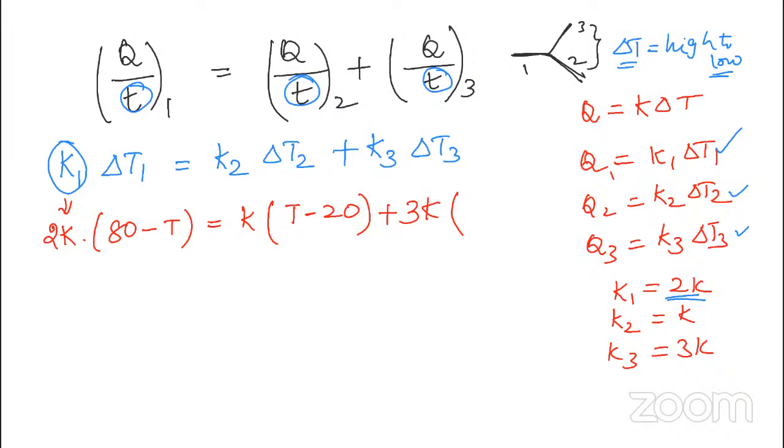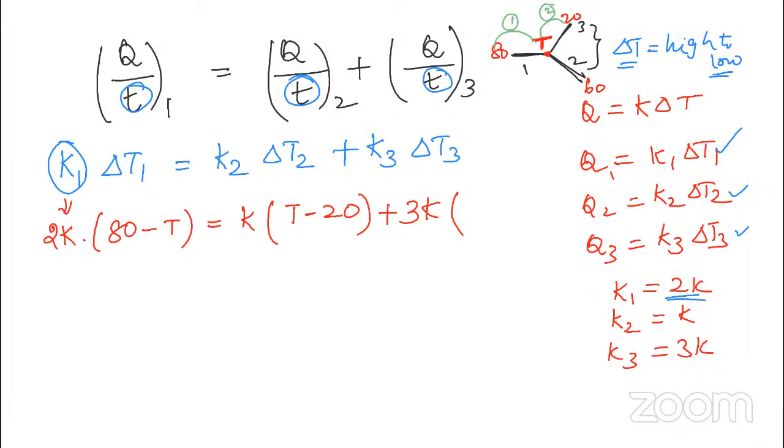Here it is 80, 20 and 60, and the junction temperature is T. So the temperature variation for the first one is between 80 and T. For the second one, it is between T and 20.